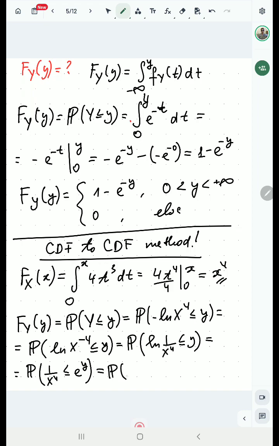So this is the same thing as the probability x to the power 4 is greater than or equal to 1 over e to the power y, right?